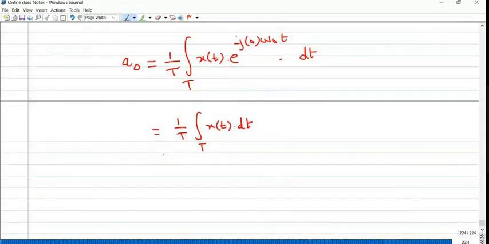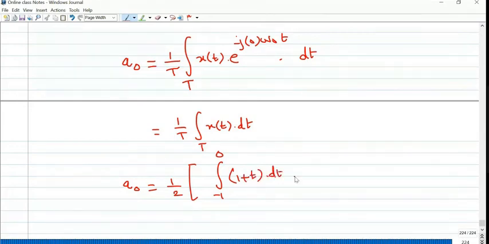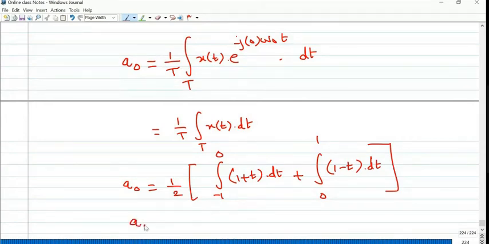In the ak formula, substitute k equal to 0. So a naught equals 1 by 2 times the integral from minus 1 to 0 of 1 plus t dt, plus the integral from 0 to 1 of 1 minus t dt. If you solve this, you will get a naught equal to 1 by 2.